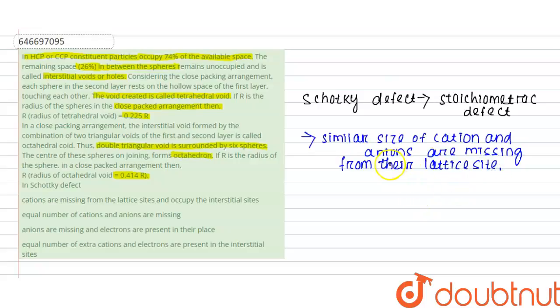So density decreases, and it happens generally in larger coordination number, larger ionic character.